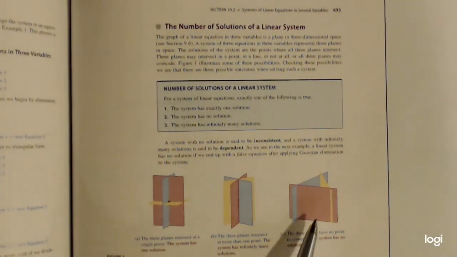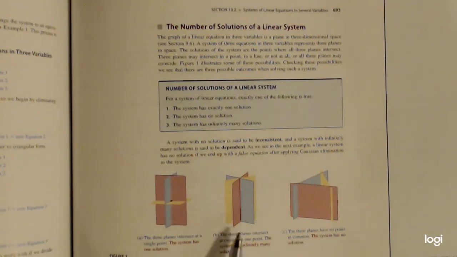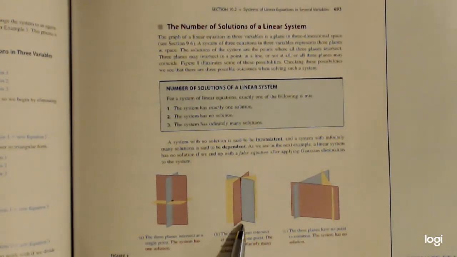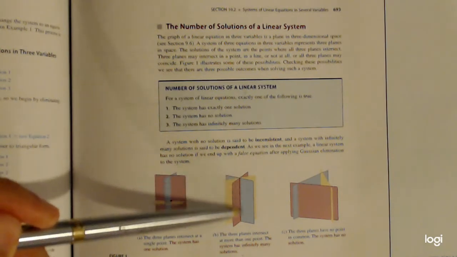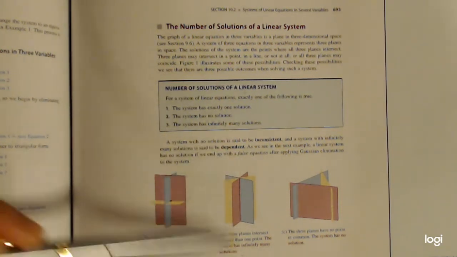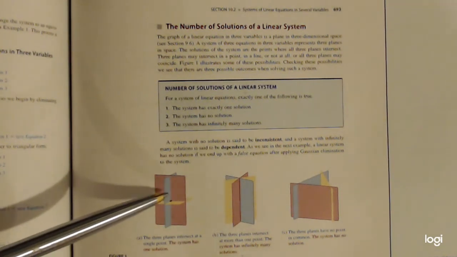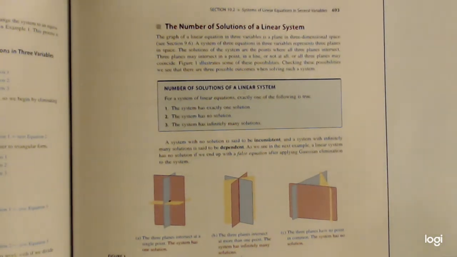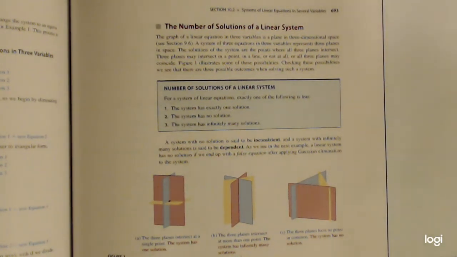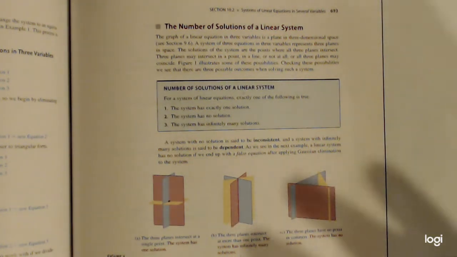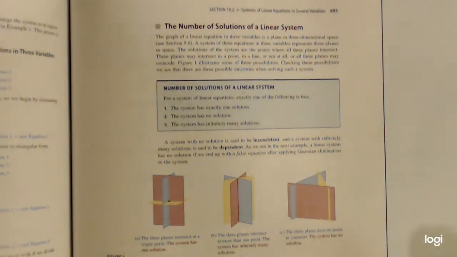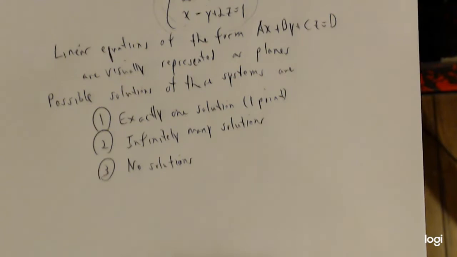Notice how in this last one, they never intersect. This middle one, they intersect at infinitely many points, particularly this line. And then these three planes only intersect at that point. Okay, so those are the three possibilities. Once again, as we solve these systems and get closer to the solution, it'll become more apparent which solution we have. Okay, so going back to our notes.